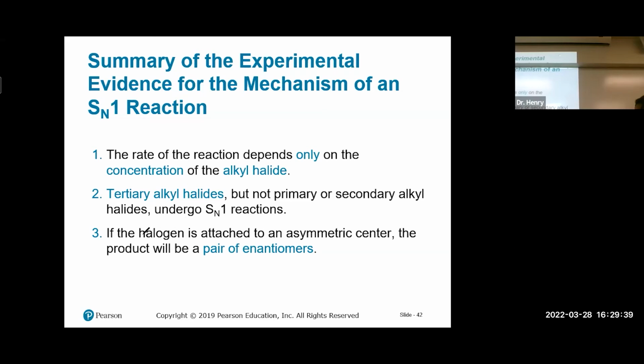And if the halide is attached to an asymmetric center, you'll produce a pair of enantiomers. Which enantiomer is going to be favored, the inverted or the other, and why? Yeah, it's blocked. It's often blocked.